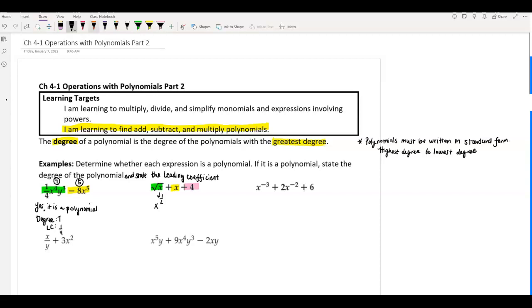So I'm going to make a note, fractional exponents are not allowed. As such, this is not a polynomial. So we'll say no, it is not a polynomial.